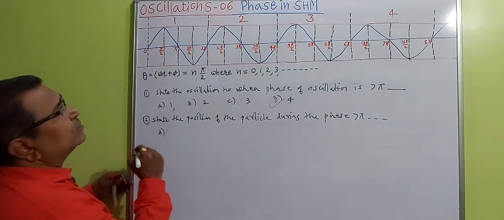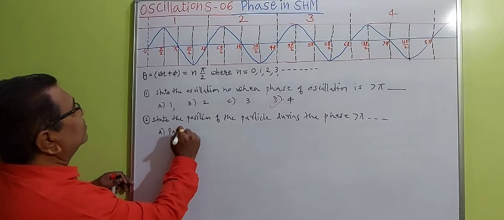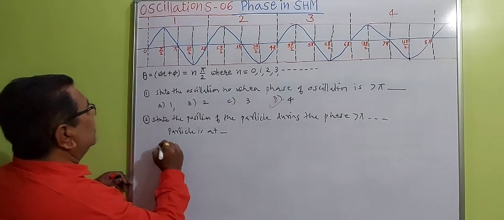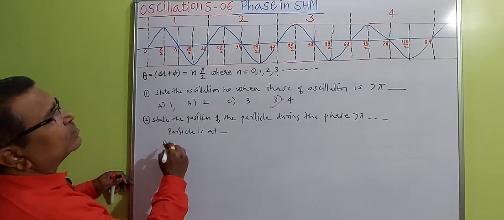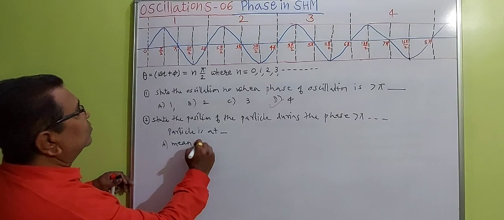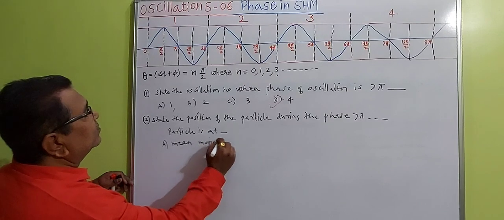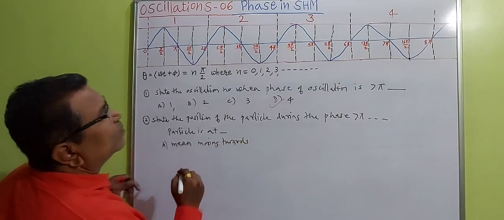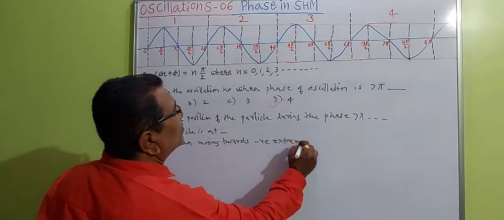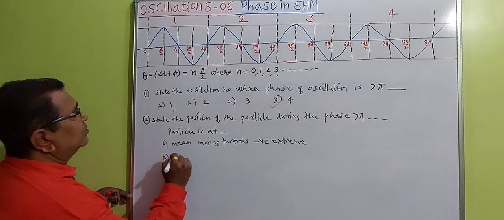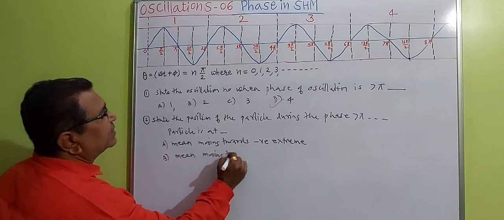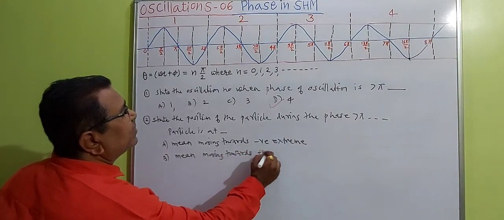Number 1. A option, particle is at mean moving towards negative extreme. B option, particle is at mean moving towards positive extreme.